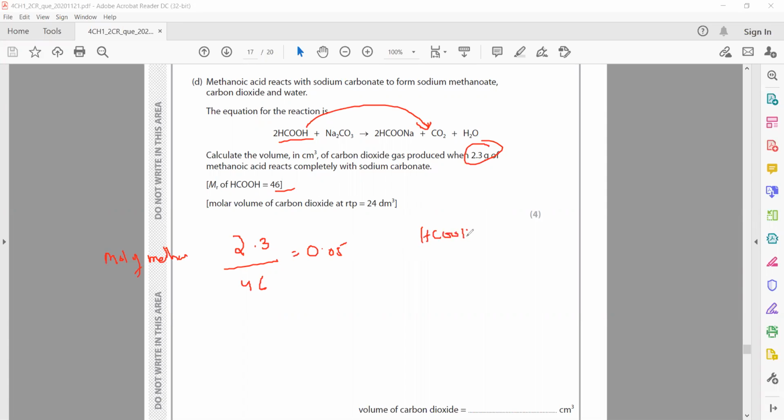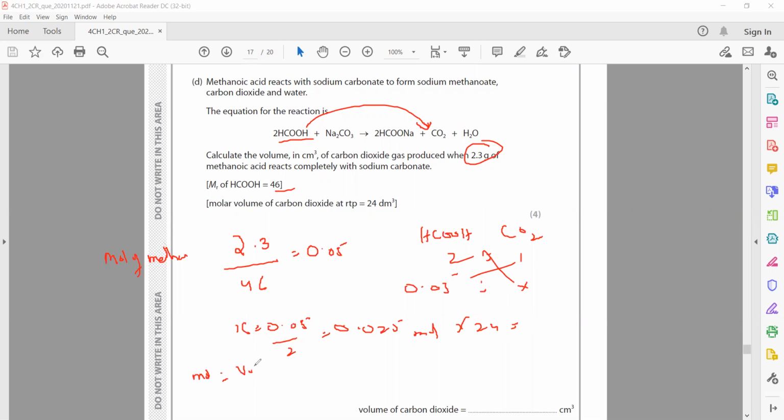And then using moles of methanoic acid, we'll find moles of carbon dioxide by using a ratio. So the ratio from the equation is 2:1. So if we have 0.05, then we'll have x moles, cross multiply. So 0.05 divided by 2, that will be 0.025. We have the moles. Now we need the volume. So we'll multiply by 24, the molar volume. So 0.025 multiplied by 24. But that will give the answer in dm cube because moles equal volume in dm cube divided by 24. So 0.6 dm cube.